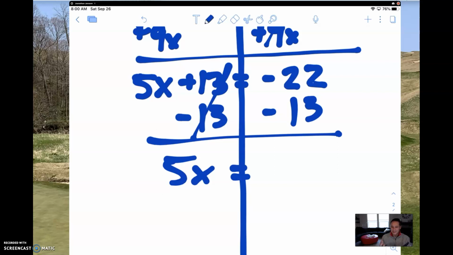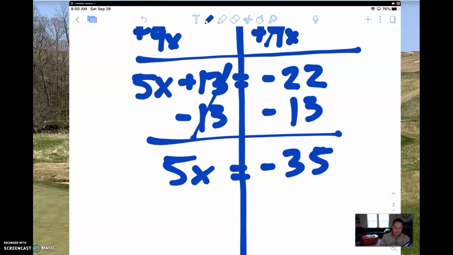So if you have a negative number and you're taking away 13 more, it's going to become a bigger negative number. So in this case, it would be a negative 35. Some of you have maybe heard that two negatives makes a positive. That's only when you multiply and divide. So when you're combining like terms or adding or subtracting, two negatives makes a bigger negative number.